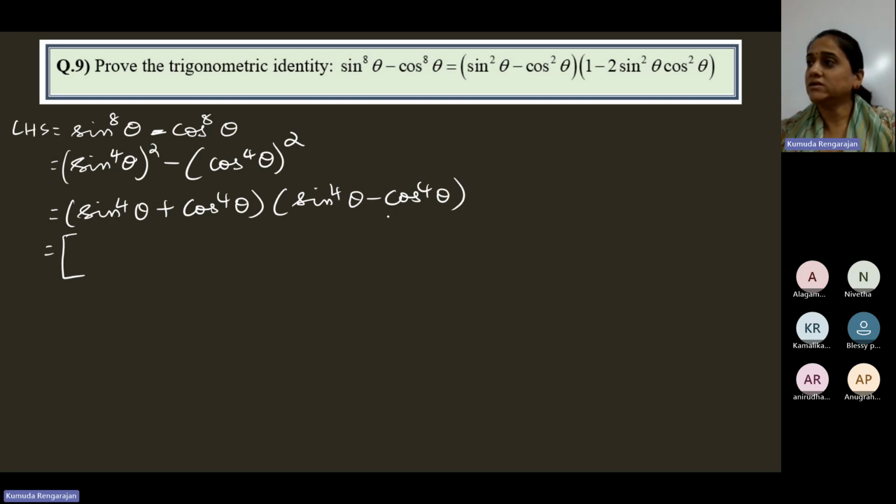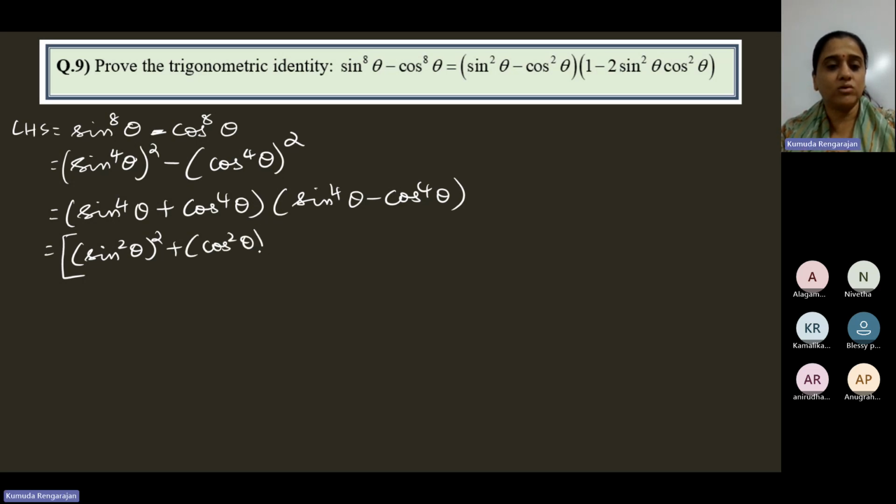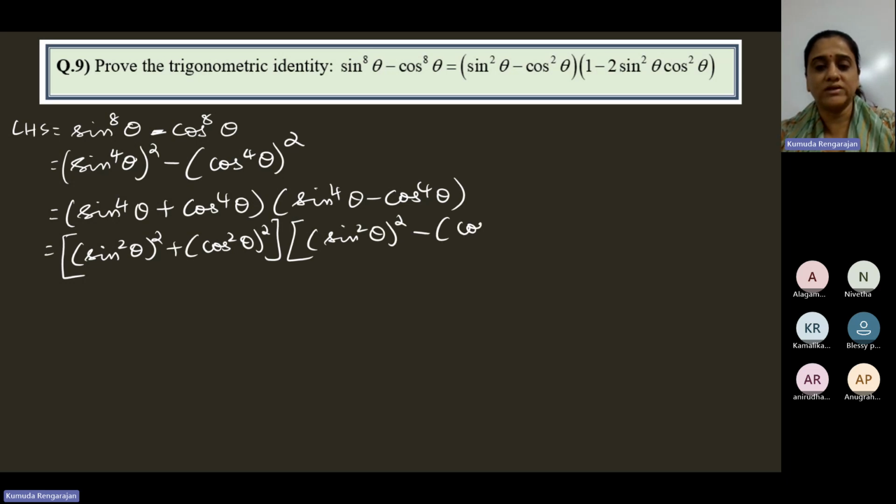Here, what is this one? Sine square theta the whole square minus cos square theta the whole square. So next step, you need to write it as sine square theta the whole square plus cos square theta the whole square. And here, sine square theta the whole square minus cos square theta the whole square.